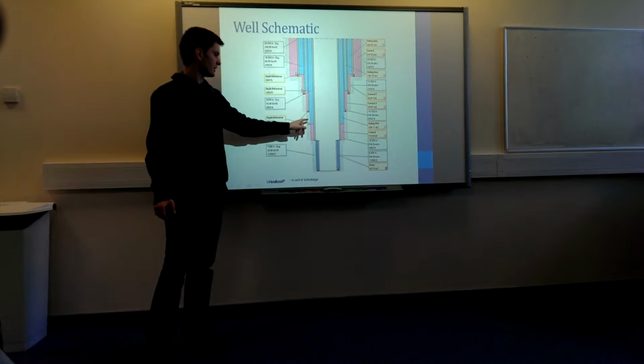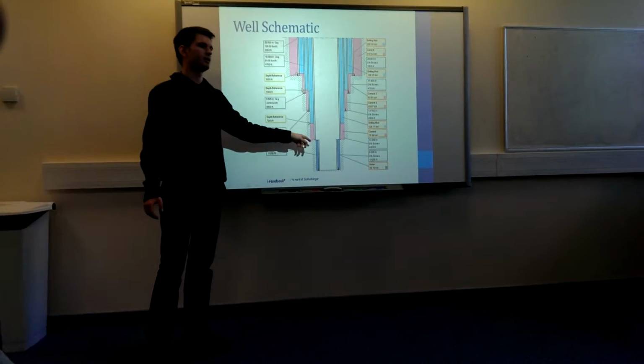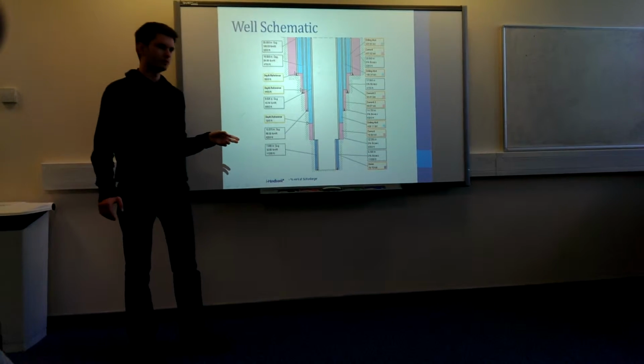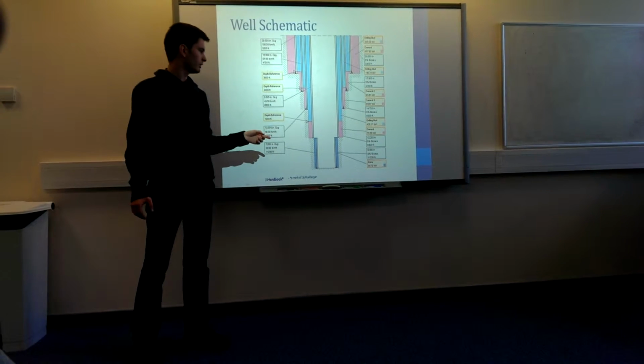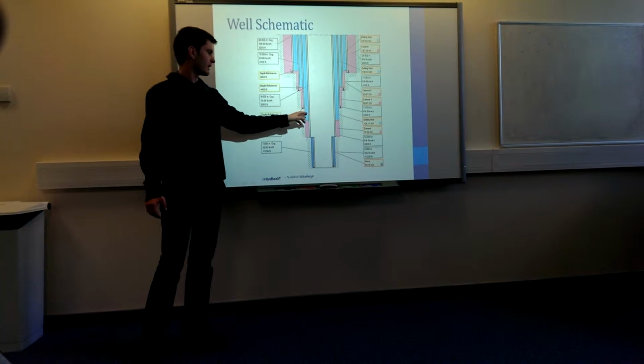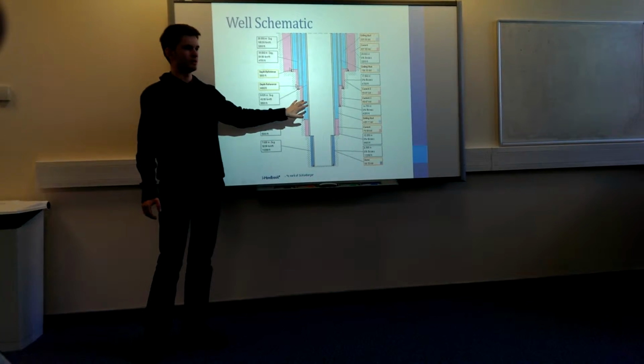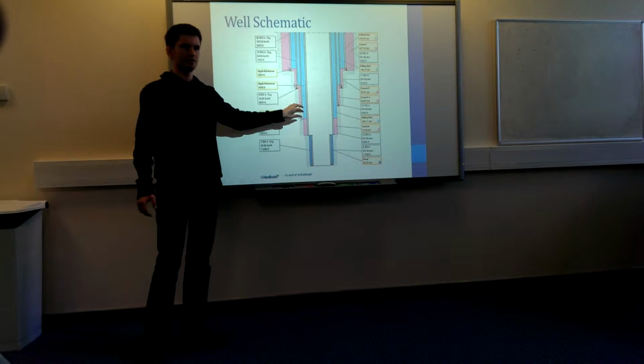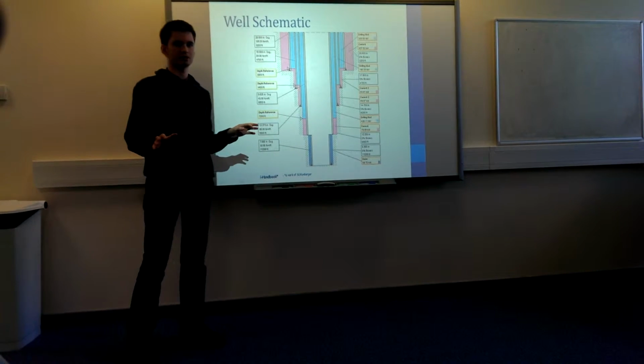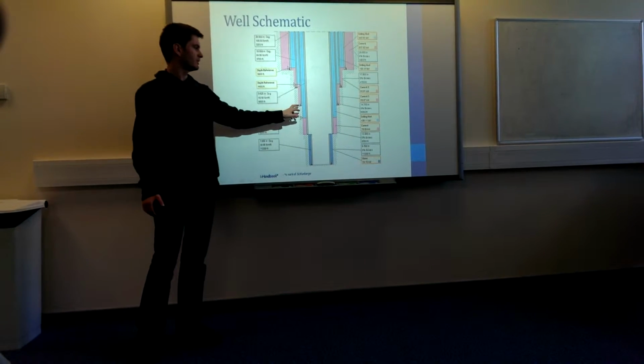Then we leave a gap in the production casing in case hot formation fluids go upwards in the well, and these temperatures can expand the liquids present in the annular gap and increase the pressure. We are not willing to have such a situation on site, so we simply leave the gap.